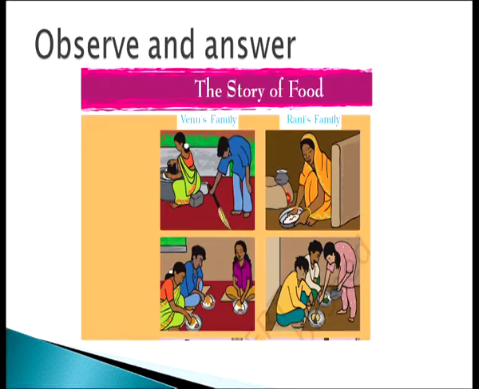Questions like, what kind of work are people doing in both the families? They can observe carefully and see the different kinds of work done by people in that picture. Is your family like any one of these families? This question gives children an opportunity to think beyond observation.